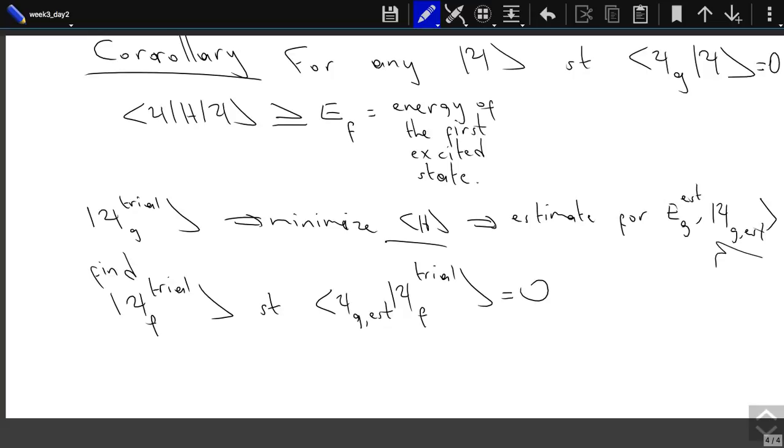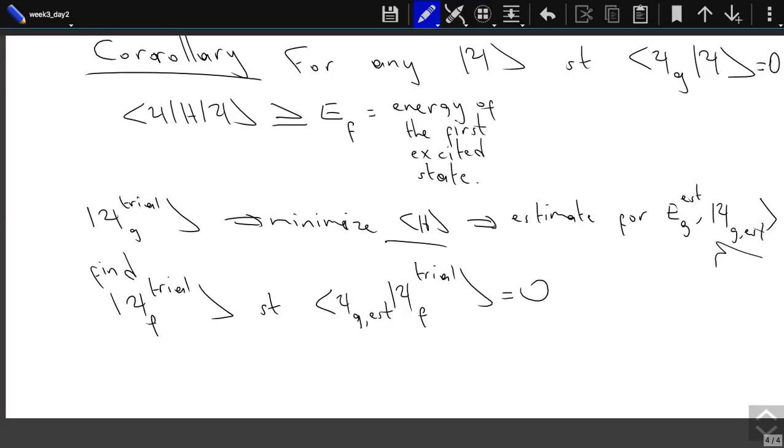Just you can try to find a trial wave function that contains many parameters. If you have many parameters, by choosing their values suitably, you can fit any function in a sense. And by minimizing them, you can find quite a reliable ground state estimate, and then a reliable first excited state estimate, etc. In the case of the harmonic oscillator, we started with this ground state trial, which turned out to be the exact ground state, e to the power minus a x squared.